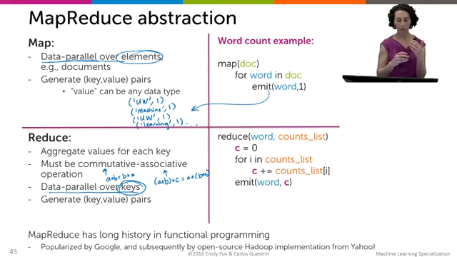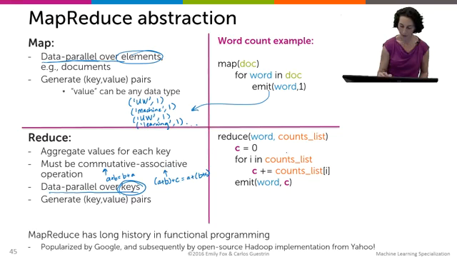And so just to make this a little bit more explicit, in the map step, we're saying that the word count in a given document doesn't depend on any other document. In the reduce step, we're saying the total count of a given word doesn't depend on the total count of any other word.